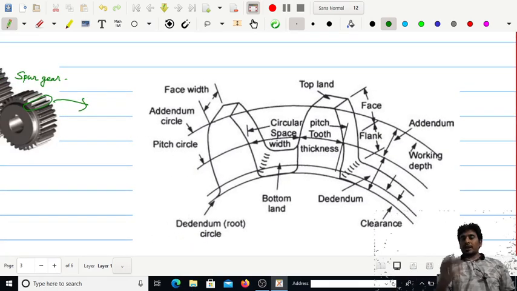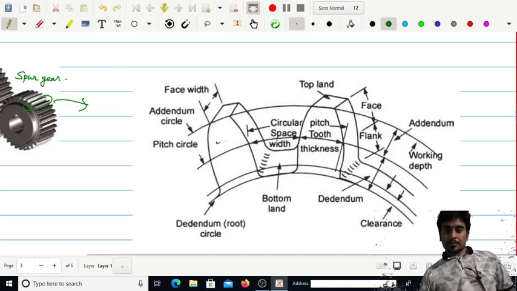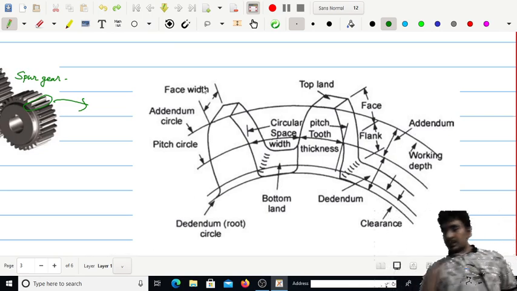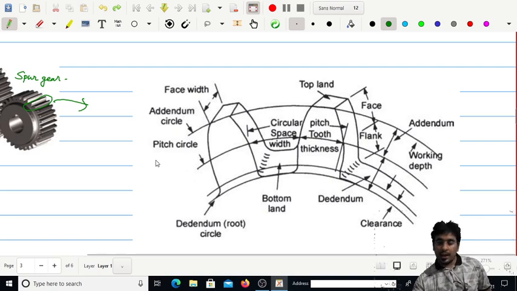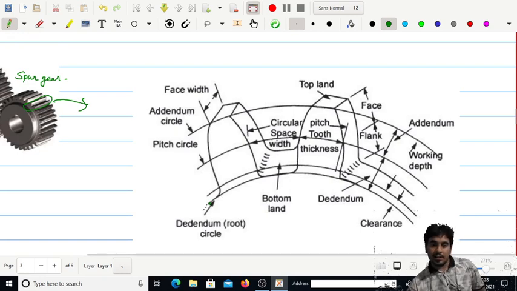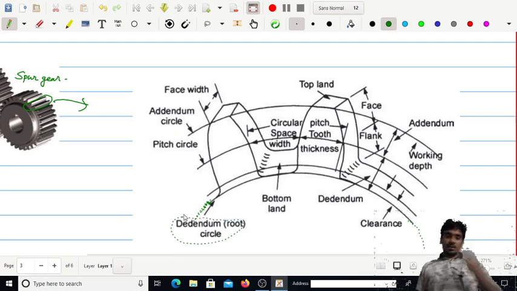If we look at the particular tooth, we can realize that there are three circles. The first circle I am marking is this one, the lowest circle. This circle is defined as the dedendum or root circle.